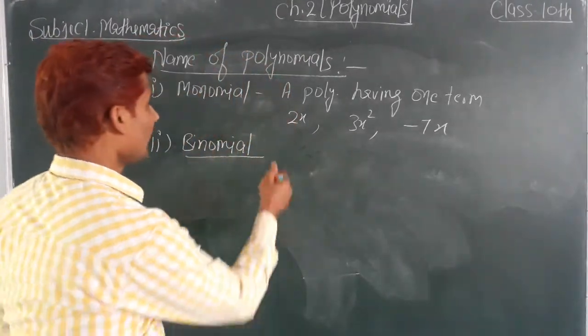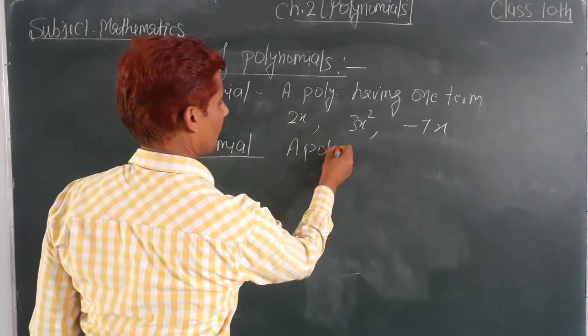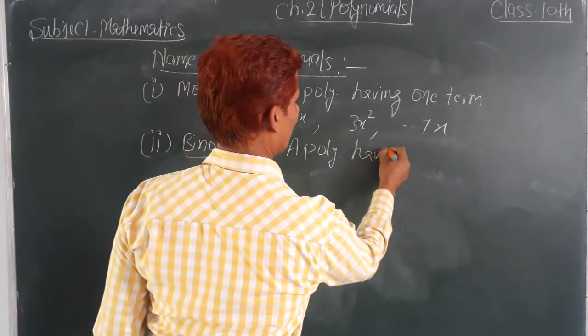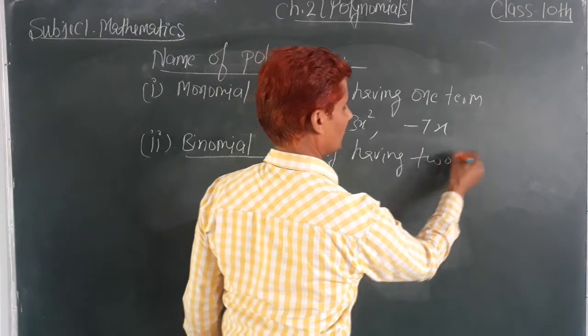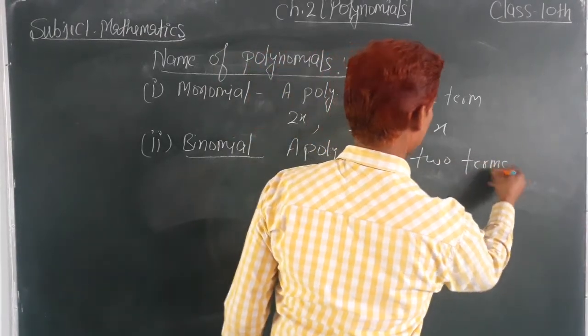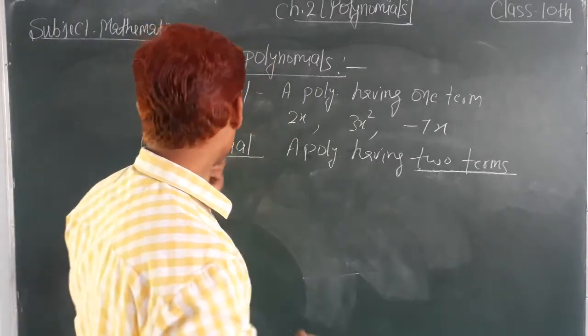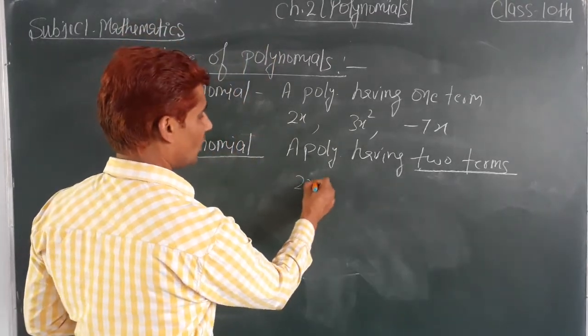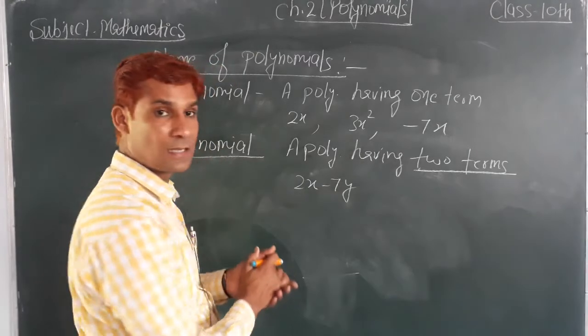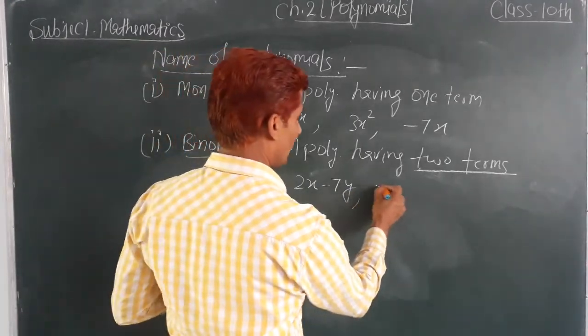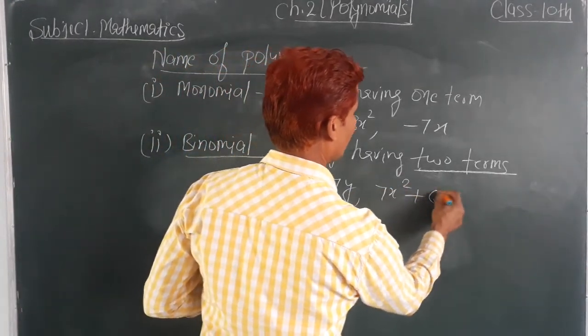A polynomial having two terms, ऐसा पॉलिनोमियल जिसमें दो टर्म्स हैं वो बाइनोमियल कहलाएगा. For example 2x minus 7y, या 7x square plus 6x.